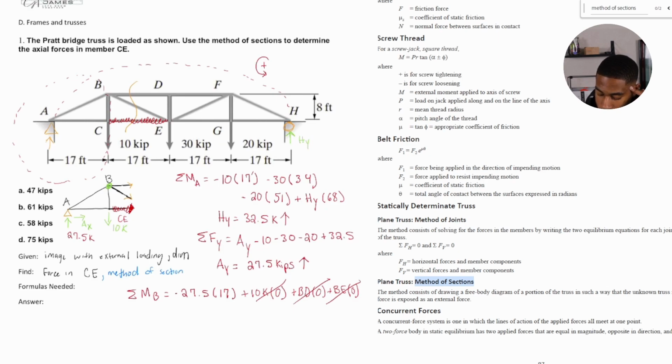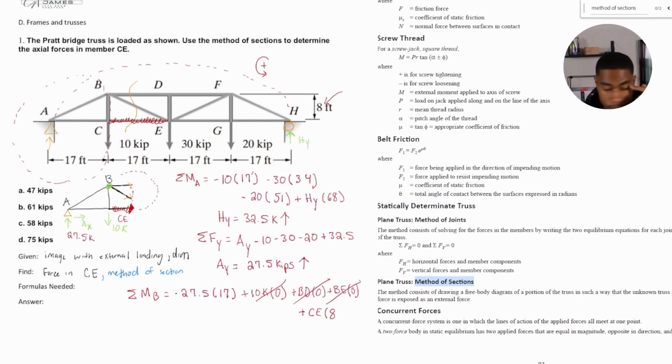And I'm going to say if it's swinging to the right, I'm going to say it's going around B, counterclockwise, which is positive. So I'm going to say plus CE times what's my perpendicular distance from CE. It's going to be 8. Right here.